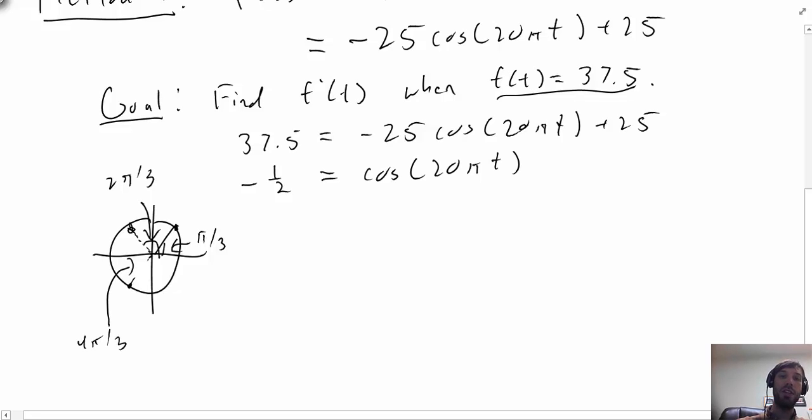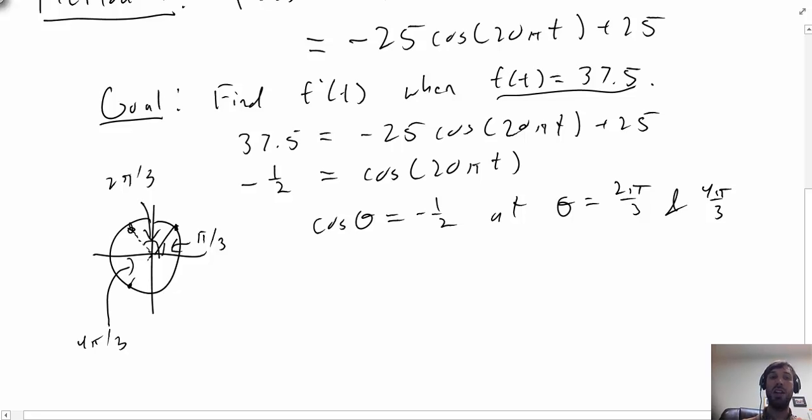So the question is that since cosine of theta is negative 1/2 at theta equals 2 pi over 3 and 4 pi over 3, and in fact, adding 2 pi to any of these, which one should we choose when solving for t? Well, I think the best way to think about this is to compare it with the actual application where we're starting here and we're trying to figure out an angle in that direction.